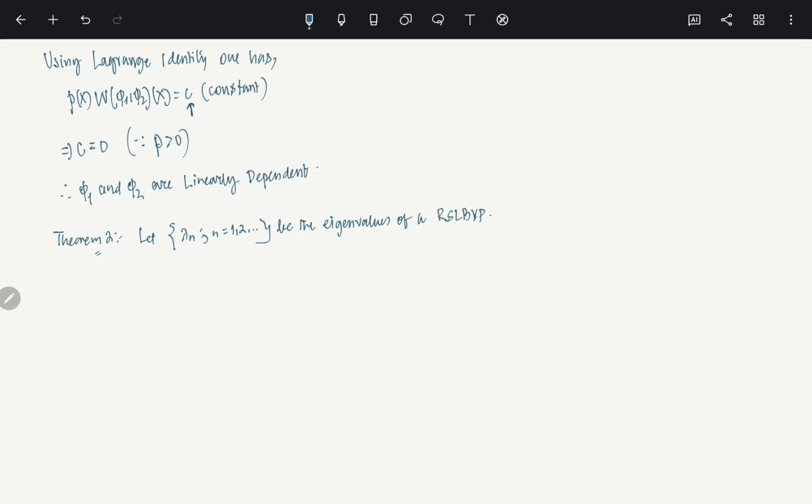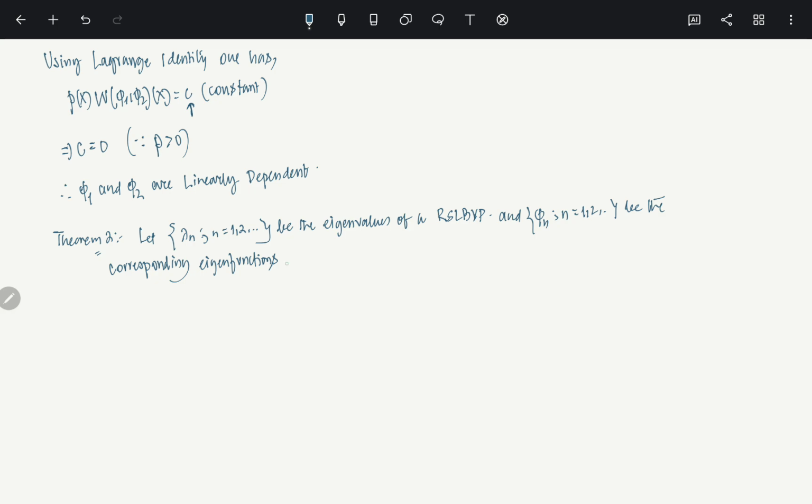These are the eigenvalues of a regular Sturm-Liouville boundary value problem. And phi n, n equals 1, 2, and so on, be the corresponding eigenfunctions. I am writing it in terms of a set, but you do realize what I am trying to say.